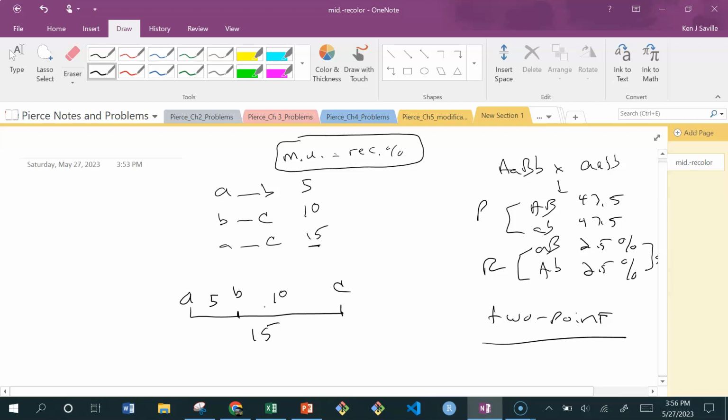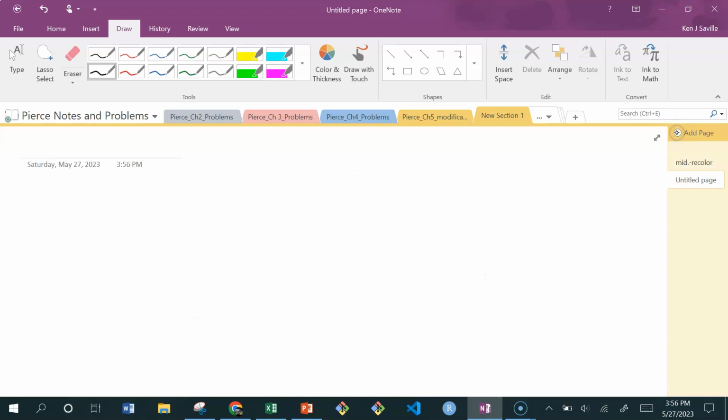They give another example, not really a problem, but just another example in the book, where they look at some other genes. This one's a little bit weird. They look at the A and D gene, the B and D gene, and the C and D gene. So there's 4 genes, with distances 8, 13, and 23.